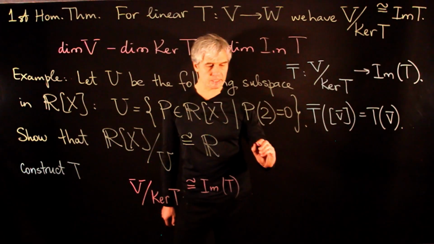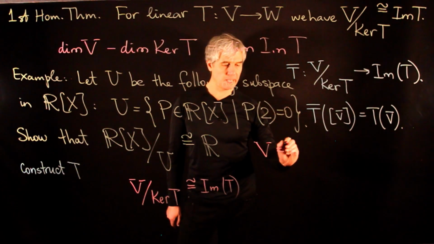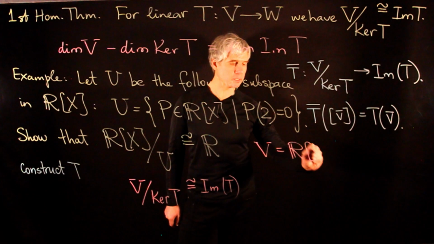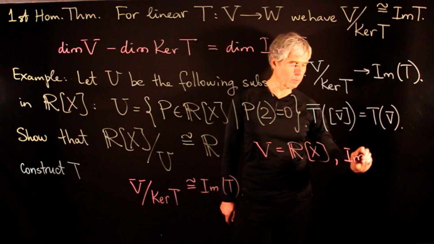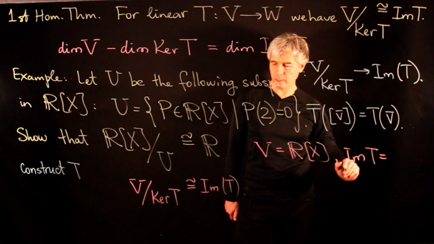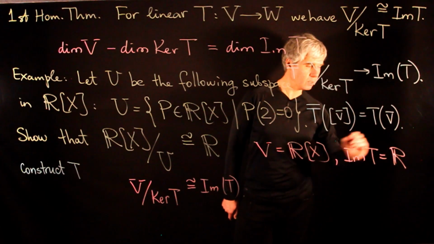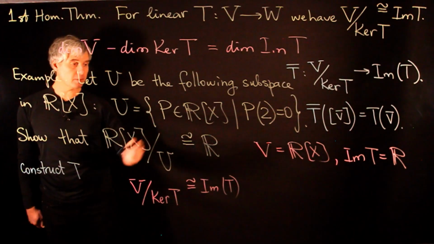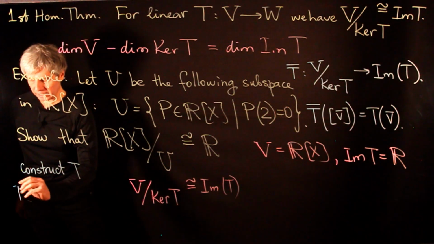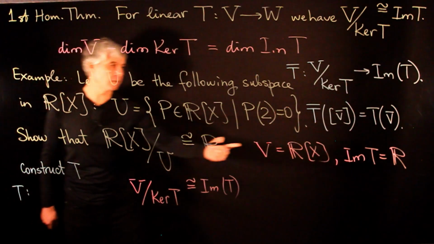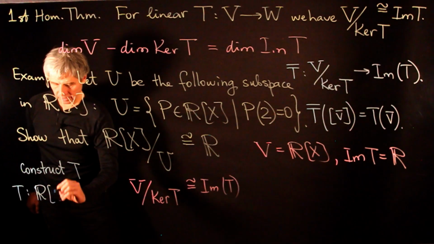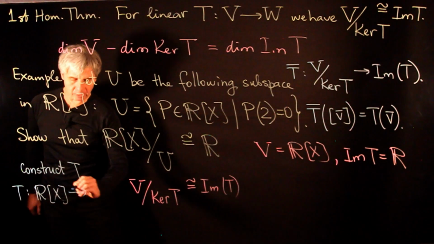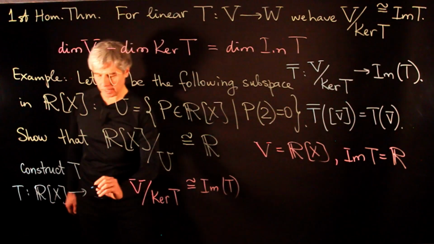So this tells us that we need to take V as the space of polynomials. As the image of T, we should take the real numbers. This already suggests what kind of transformation T is. The domain of T must be the space of polynomials, R of x, and the image of T must be real numbers.